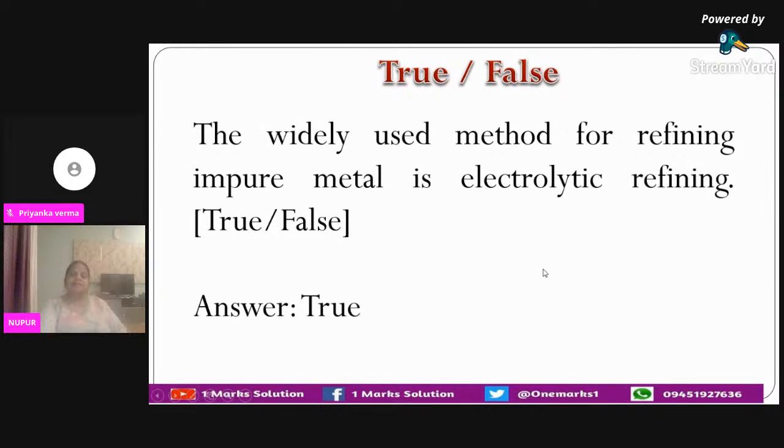And the answer is true. Electrolytic refining is a method which gives very highly pure metal. And so, when you talk about blister copper, it will be refined by the method of electrolytic refining only, right?